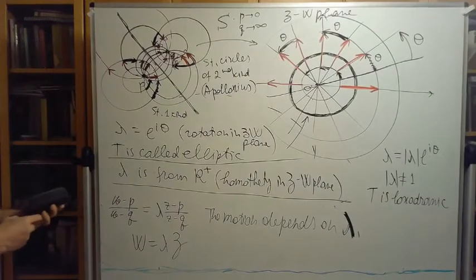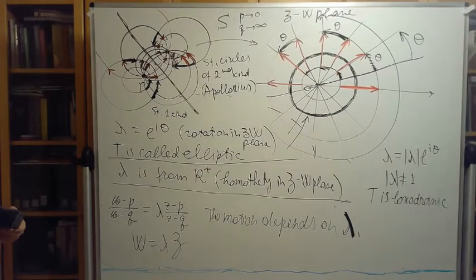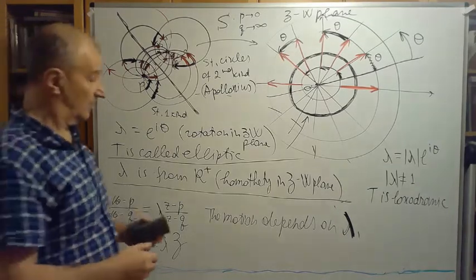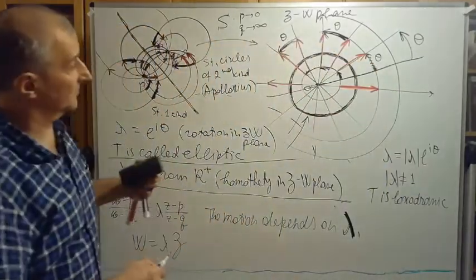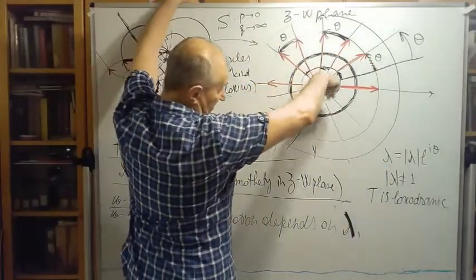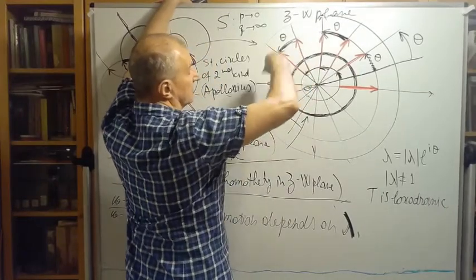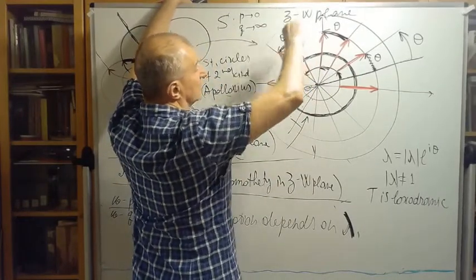And a loxodromic transformation is really tricky to show, because it goes simultaneously both extending, spreading from the origin, and rotating.